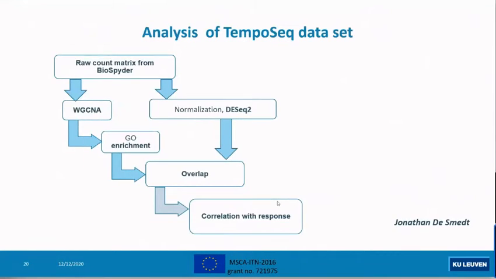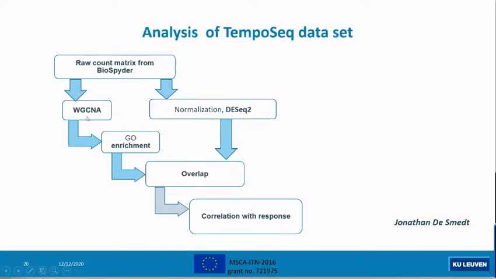So this is how I did the analysis of the TempO-Seq dataset. This was done with my colleague Jonathan, who has more experience with informatics. First I started with a raw count matrix from BioSpyder and did the weighted gene co-expression network analysis. Then I did the normalization and DESeq2, which is for obtaining the differentially expressed genes.